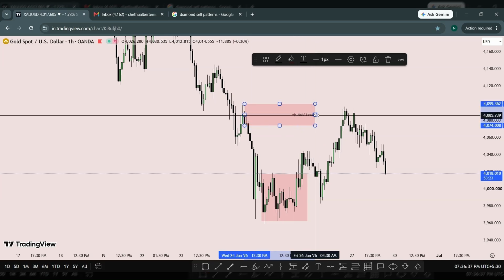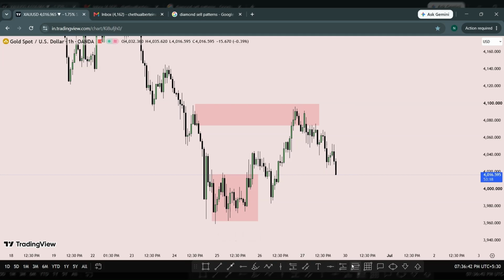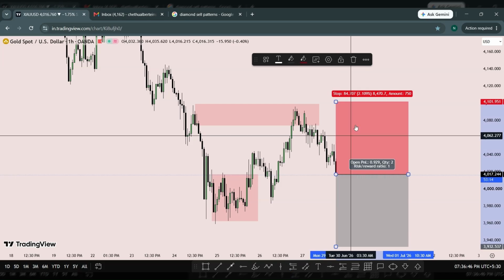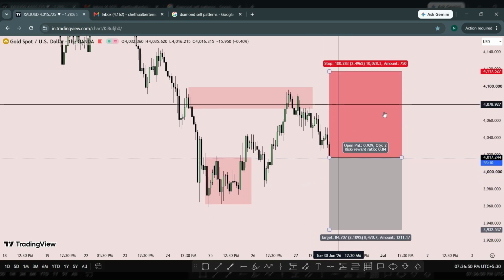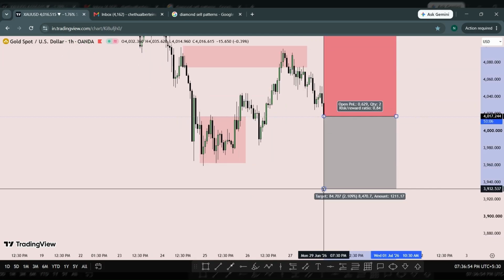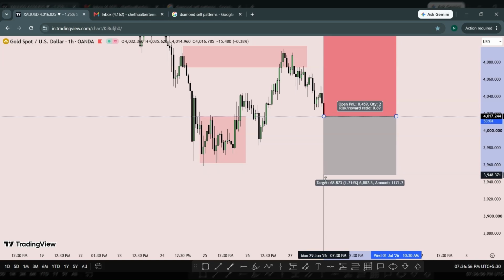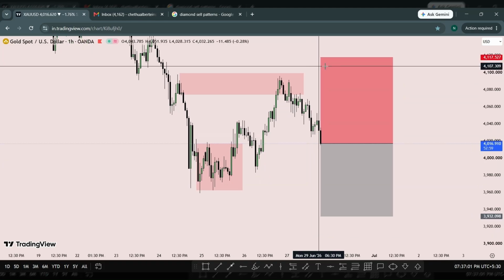Now what I'm telling you is to take a short position from here and put your stop loss around 100 pips. Take a very small lot size, around 0.02, and if price reaches a 1:1 ratio, then move your stop loss or leave it, and then target $3,500.